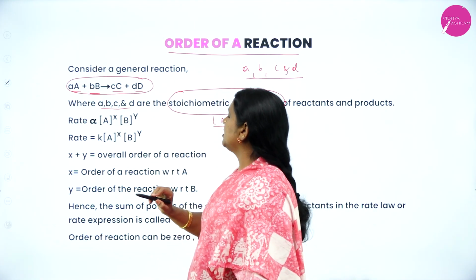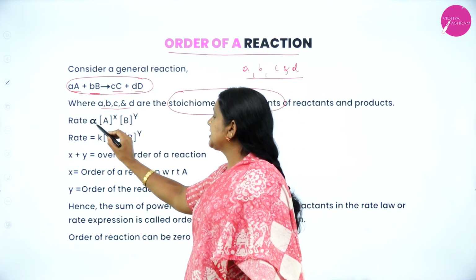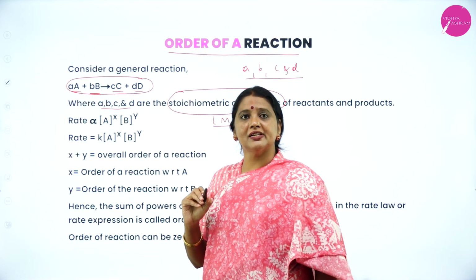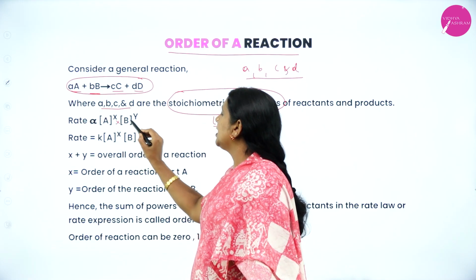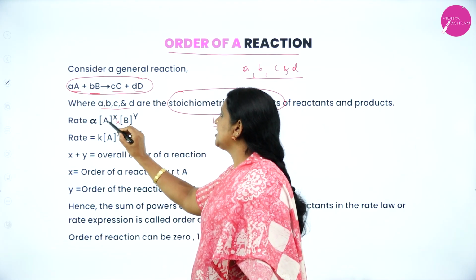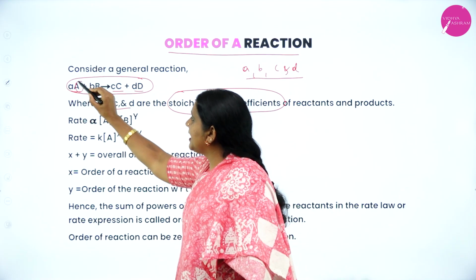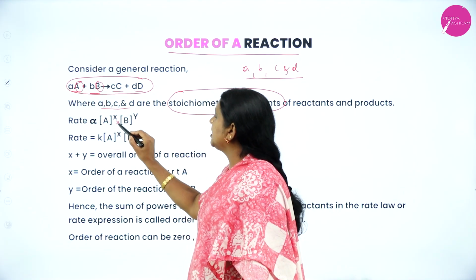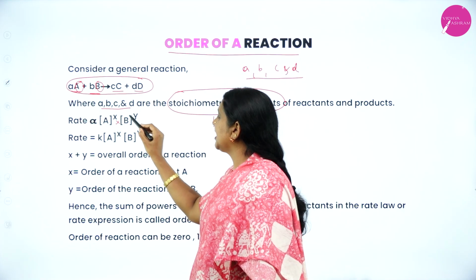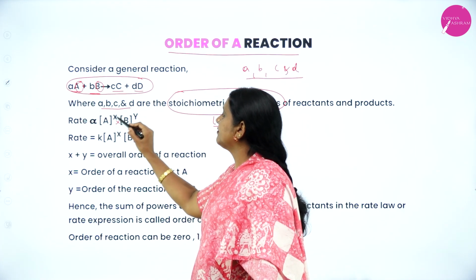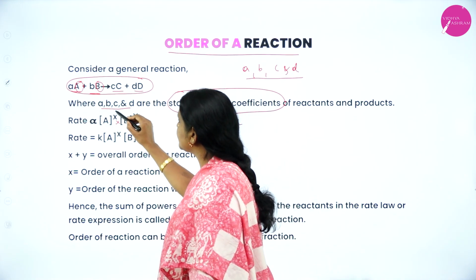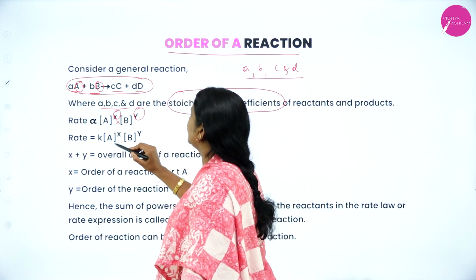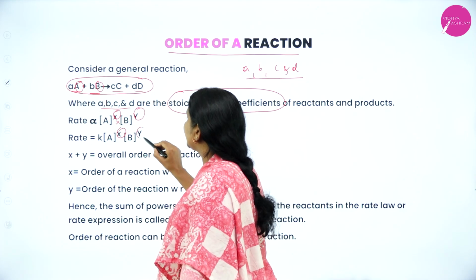If I apply the law of mass action to this reaction, the rate, that is the velocity of the reaction, is directly proportional to the product of the molar concentrations of the reactants. Which are the reactants here? A and B. So it is the molar concentration of A into the molar concentration of B, raised to the powers x and y.